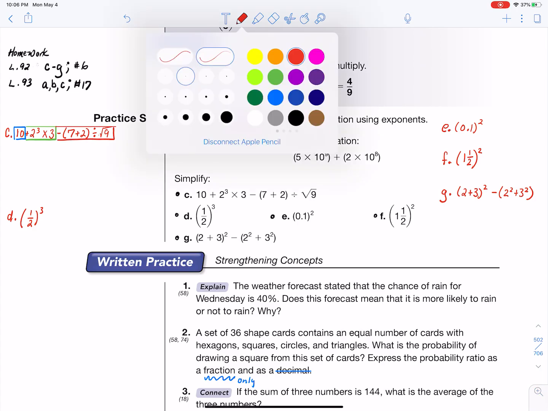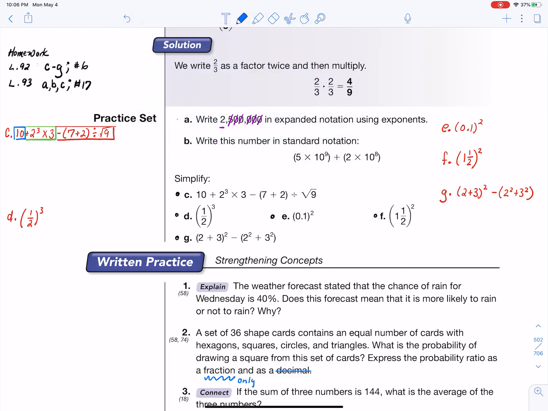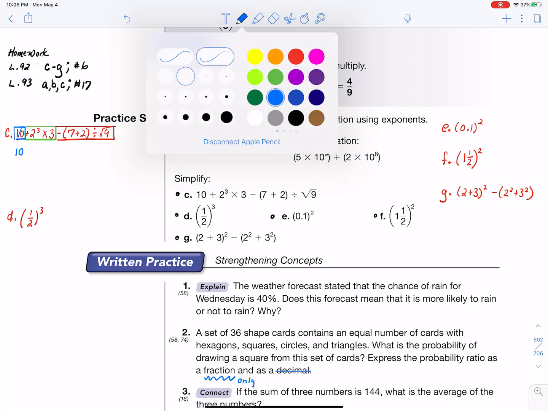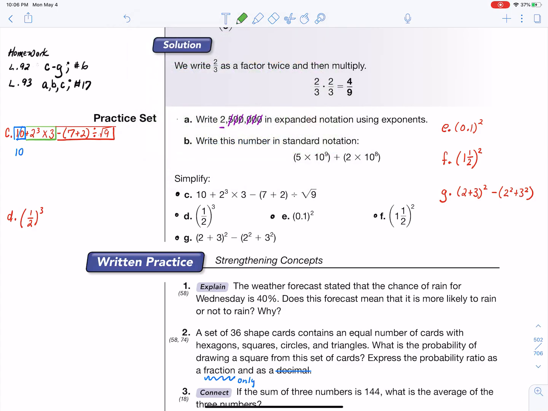Now you work what's inside each box, or simplify each box. 10 is already simplified, so that takes care of the blue box. The green box, I have 2 cubed times 3, and that will be added to the 10. So 2 cubed is 8. 8 times 3 is 24. Red box, I have 7 plus 2, which is 9, divided by the root of 9.